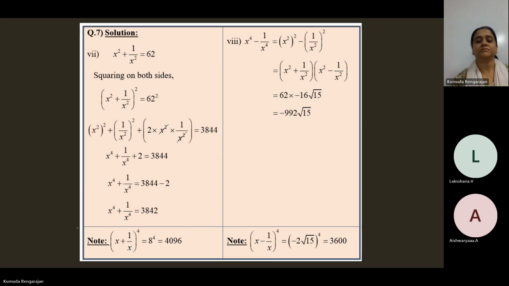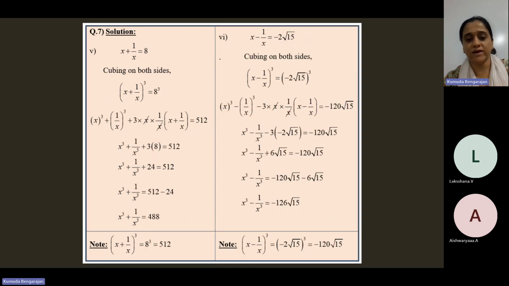Like I said for x square plus 1 by x square earlier, to find the value of x to the power 4 plus 1 by x to the power 4, you can also square x square minus 1 by x square on both the sides. What is the value of this one?